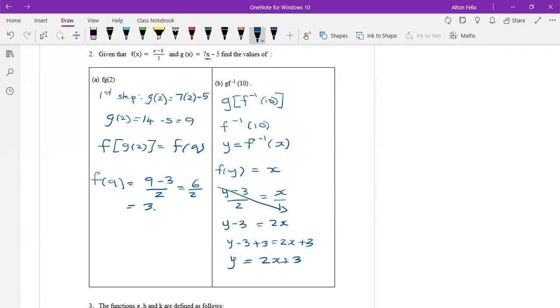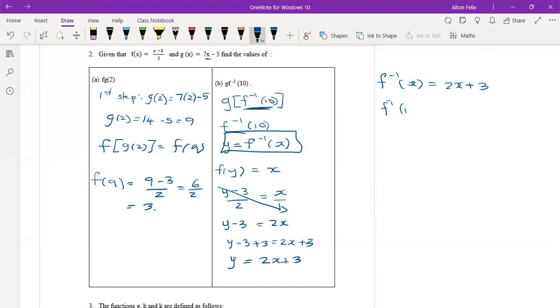Right, so y we said is the f inverse of x. So let's write that. F inverse of x will be 2x plus 3. Okay, so remember the first step, we need to find f inverse of 10. Let's do that.